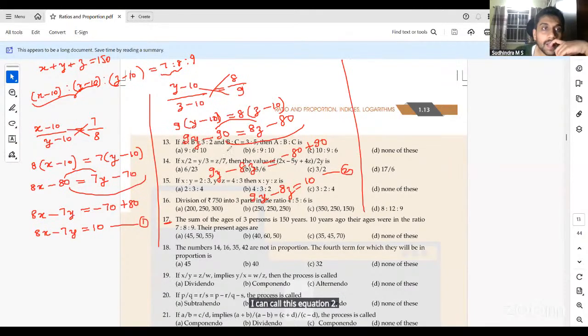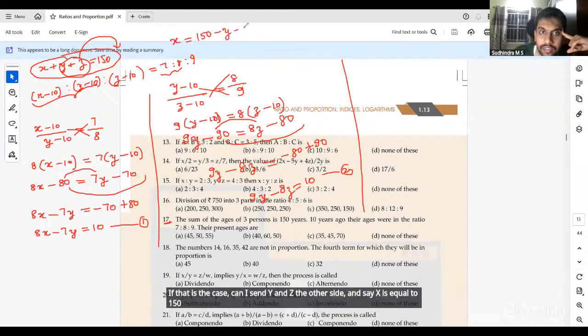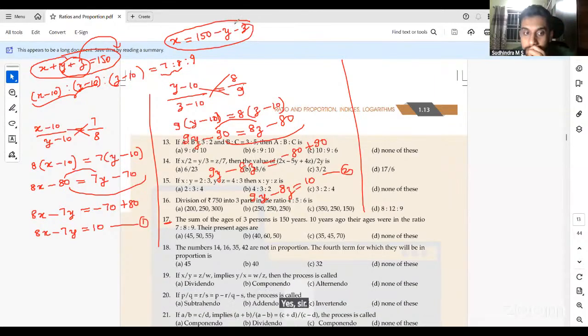Now, here x plus y plus z is equal to 150. Can I send y and z the other side and say x is equal to 150 minus y minus z? We can do it.